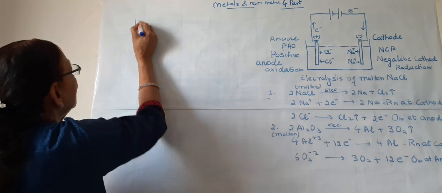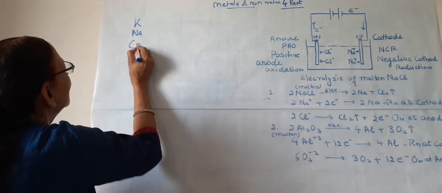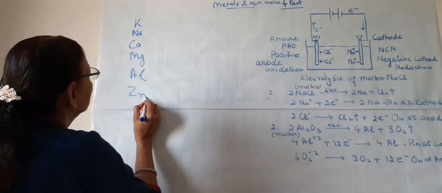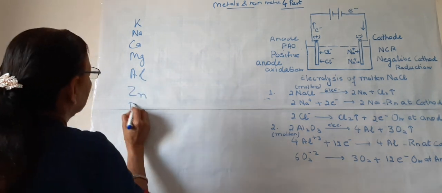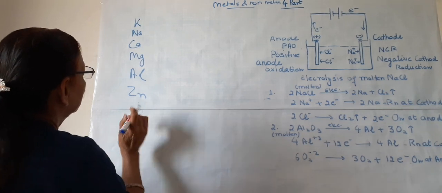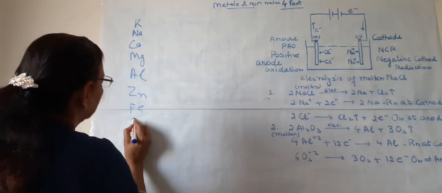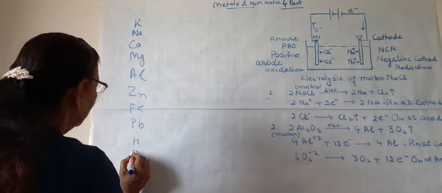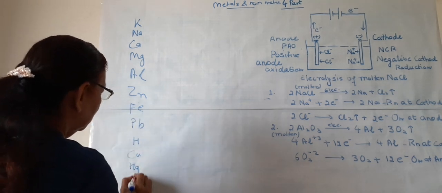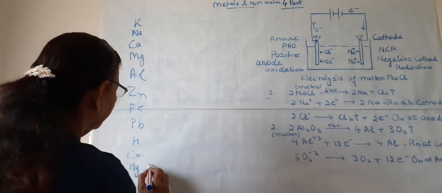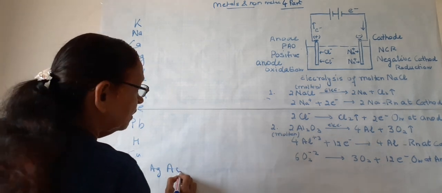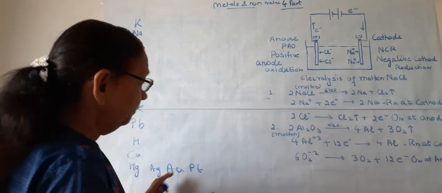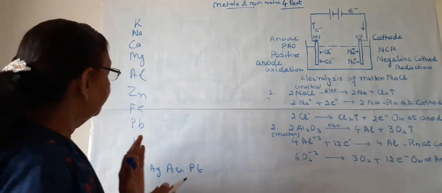So this is up to hydrogen, and then copper, mercury, silver, gold and platinum. So this is the reactivity series.